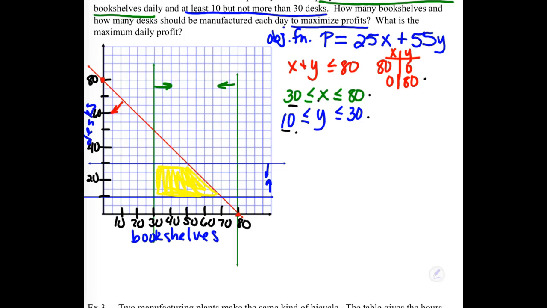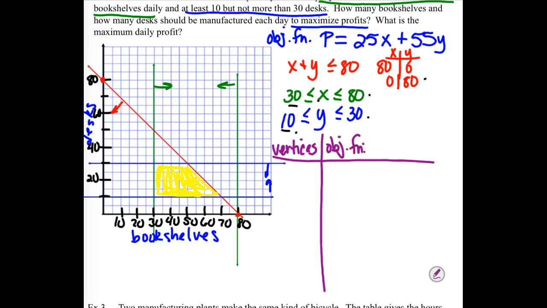All right, let's list our vertices. So this corner point, what are the coordinates of that one? 30, 10? Okay.